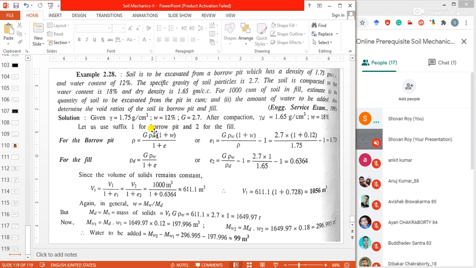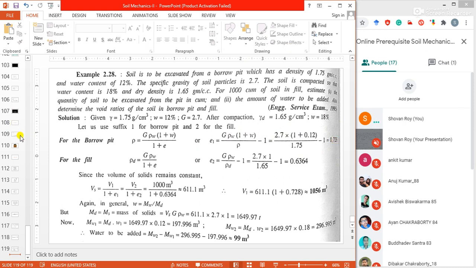So now we can calculate the void ratio. The void ratio of the borrow pit, e1, is G rho w into 1 plus w, divided by rho, minus 1. After calculation, the void ratio of the borrow pit is 0.728.